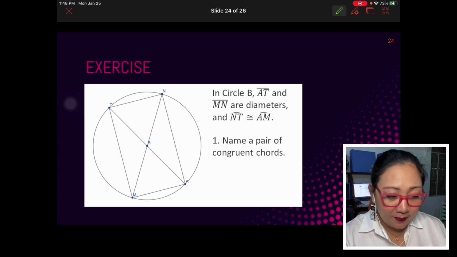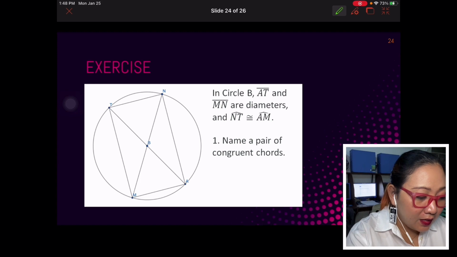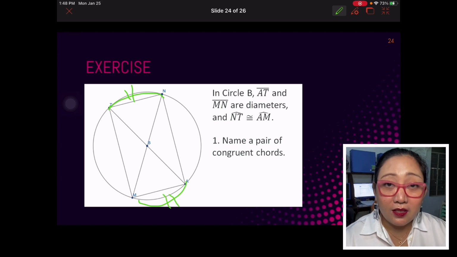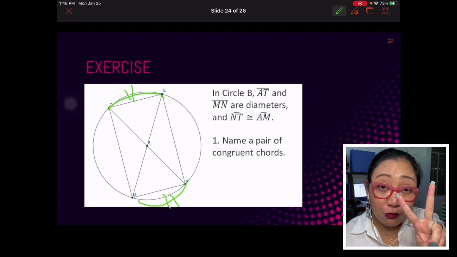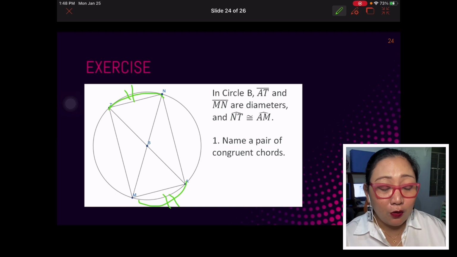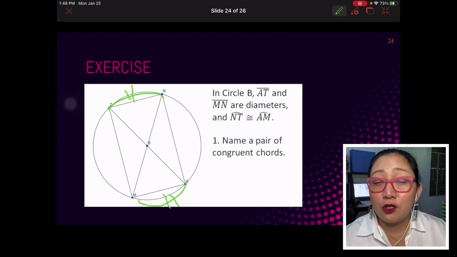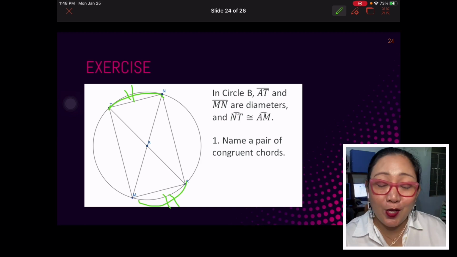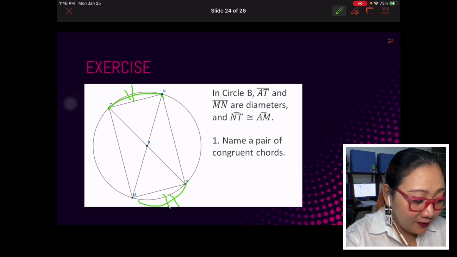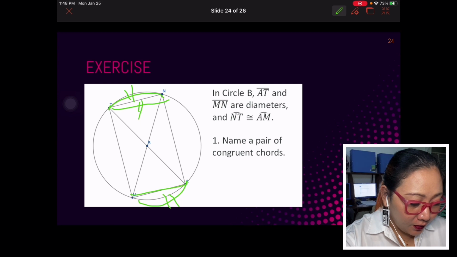Now, di ba kakasabi lang na congruent ang arcs na NT at saka AM. Okay? Now, according to theorem number 2, kung meron daw tayong congruent arcs, tapos meron siyang corresponding chords, then those corresponding chords are also congruent.